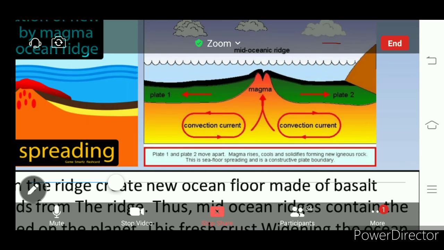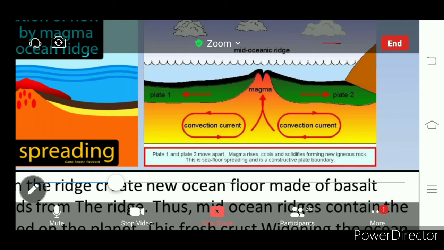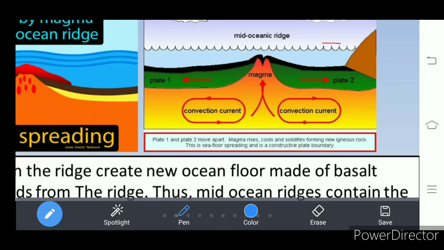As it comes out it becomes cool, and the material coming out pushes these two plates away. So plate 1 is going towards the left, and plate 2 is going towards the right when magma is erupting out. This erupted magma becomes cool here and forms new crust.